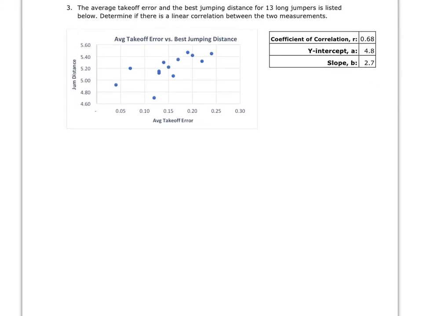So start off with the linear regression equation. So y equals that y-intercept of 4.8. And this time we've got a positive slope, so we got plus 2.7x. And calculate r squared. Okay, we take that correlation coefficient of 0.68 and square it. That gives us r squared of 0.4624.